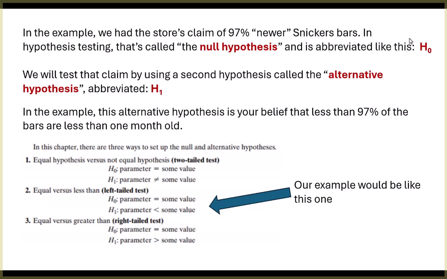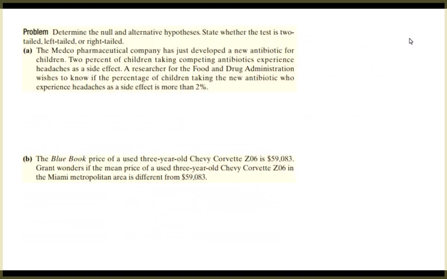It's a left tail test because we think that the percentage of Snickers on the shelf for less than a month is really less than 97%. All right, so on this little thing right here, we're going to say, well, what are the null and alternative hypotheses? And then let's see whether it's a one-tail or two-tail.